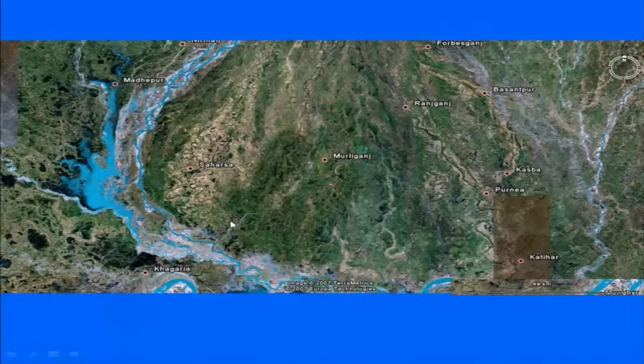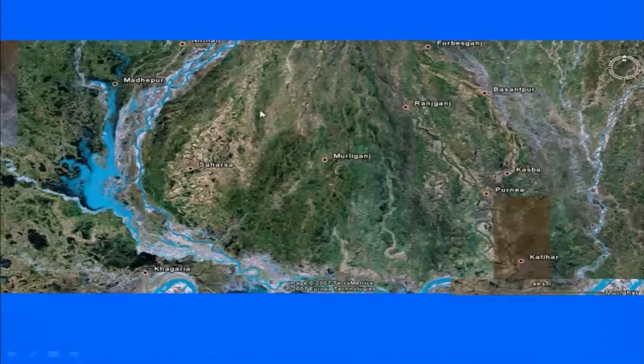The streams are devoid of water during the dry spell, but some water flows through when there is higher precipitation. All these streams are the paleochannels. They are dried beds, but sometimes they also carry water.